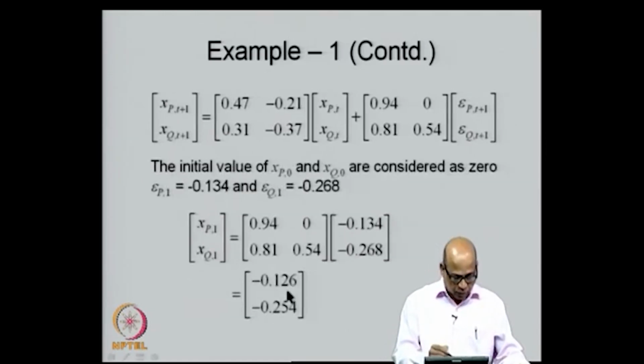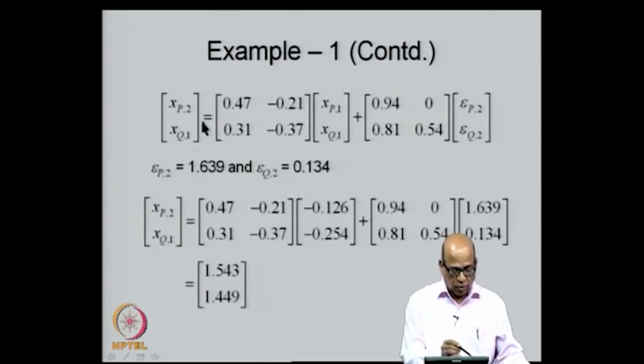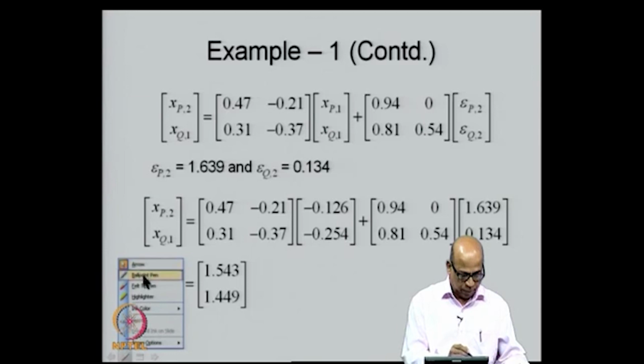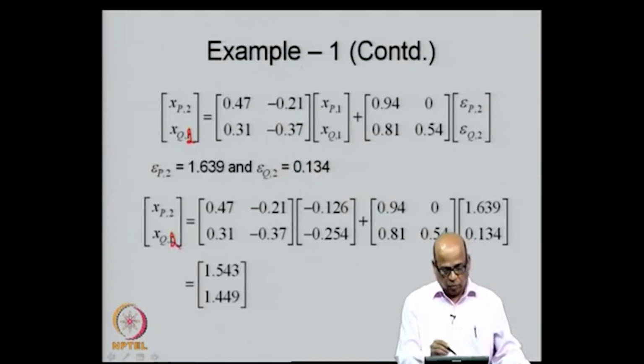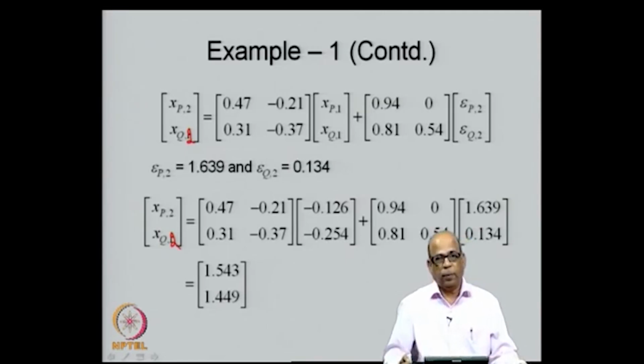Then we use these values now to get x p 2 as well as x q 2. We use the same expression. Now, x p 1 and x q 1 are defined and therefore, you get x p 2, x q 2.